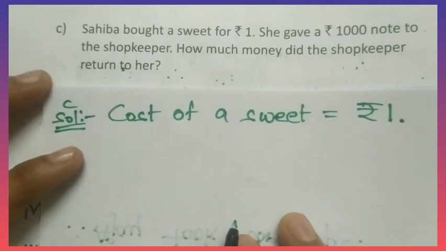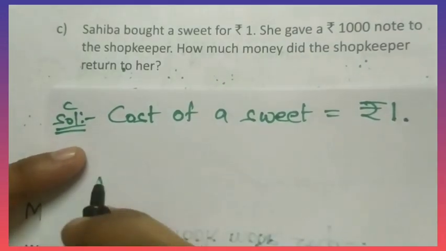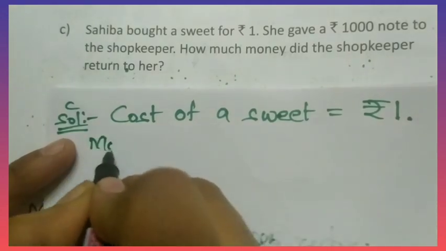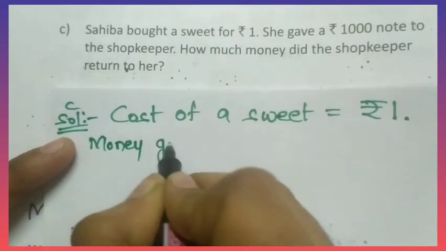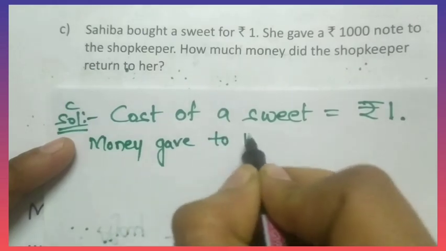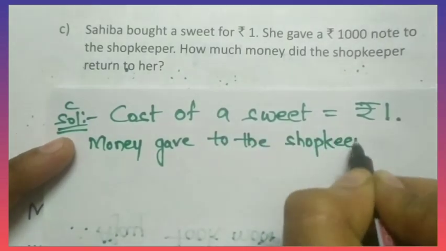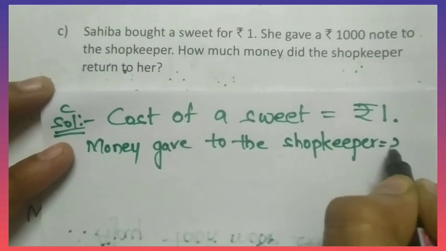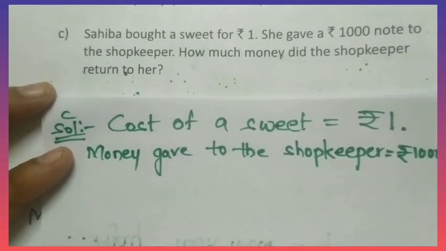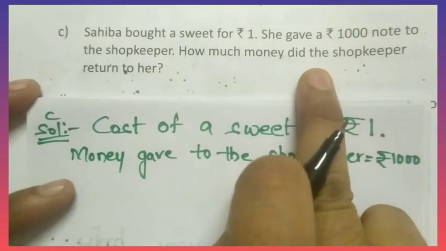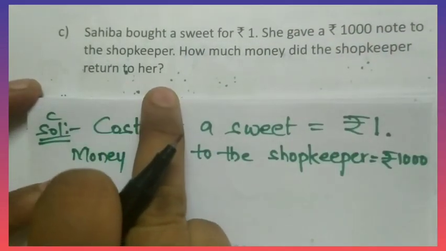She gave a 1000 rupee note to the shopkeeper. Money given to the shopkeeper. How much did she give? 1000 rupees.